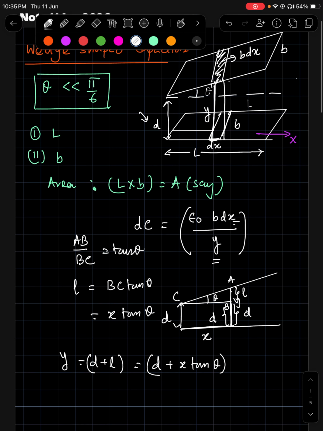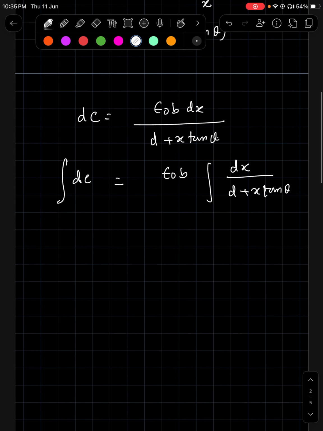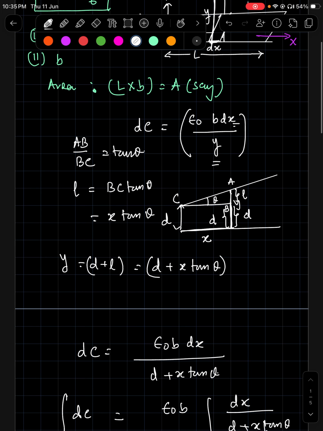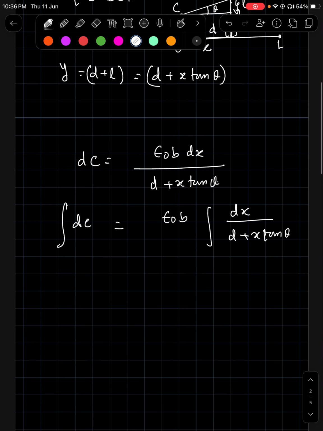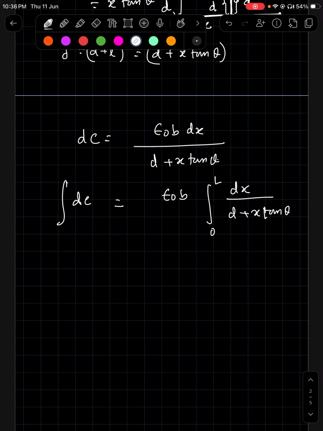If you see the picture, we have to integrate x from 0 to the length of the plates, so the integration limit is 0 to L. This integration is very easy. I am taking tan theta common from the denominator.